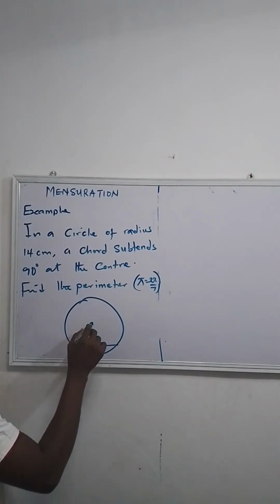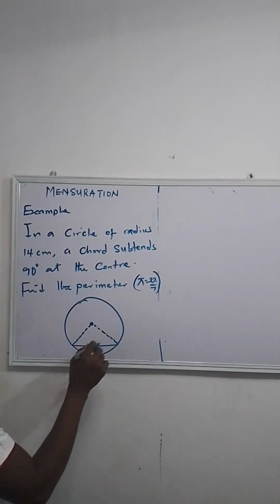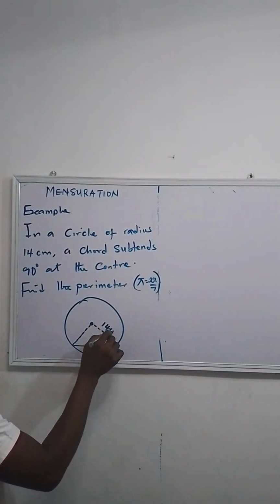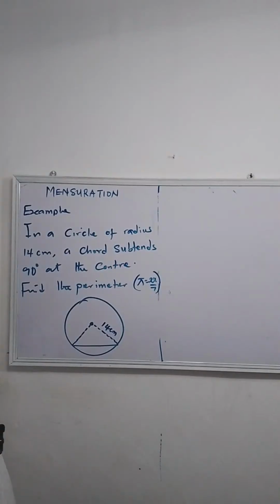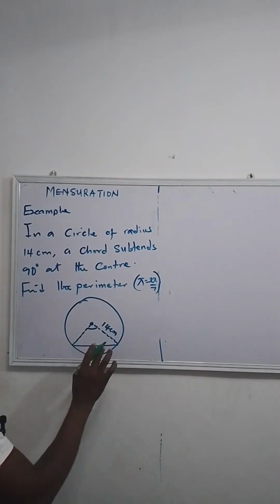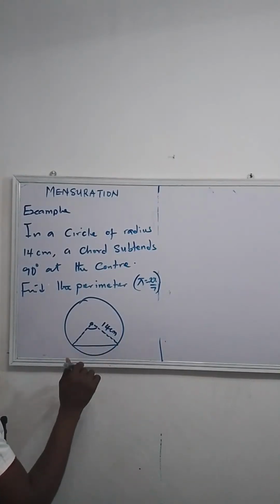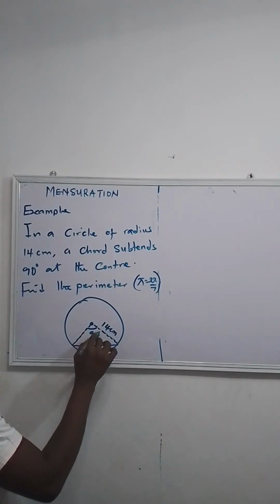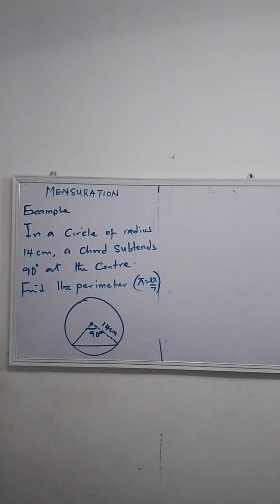This is the radius. The radius is 14 centimeters. And the angle subtended by this length of chord is 90 degrees.